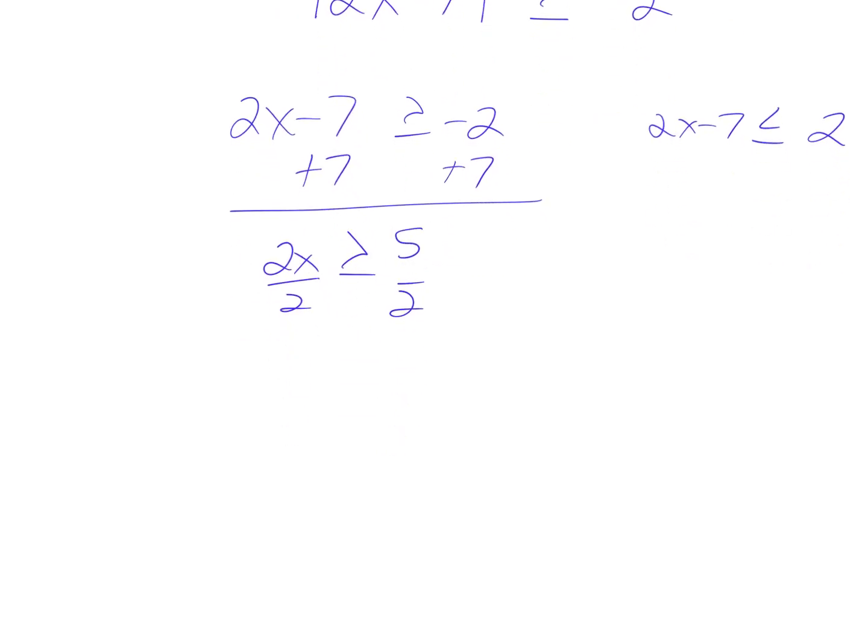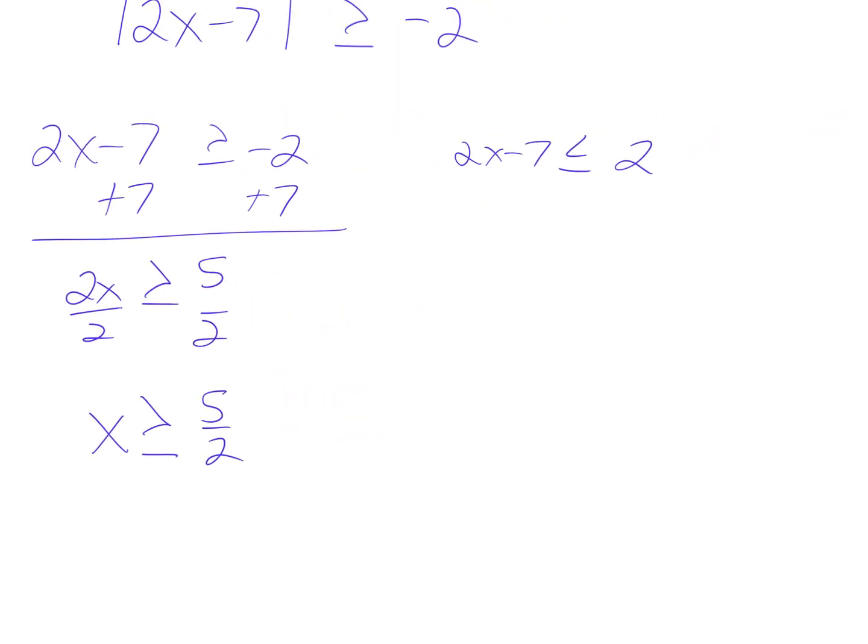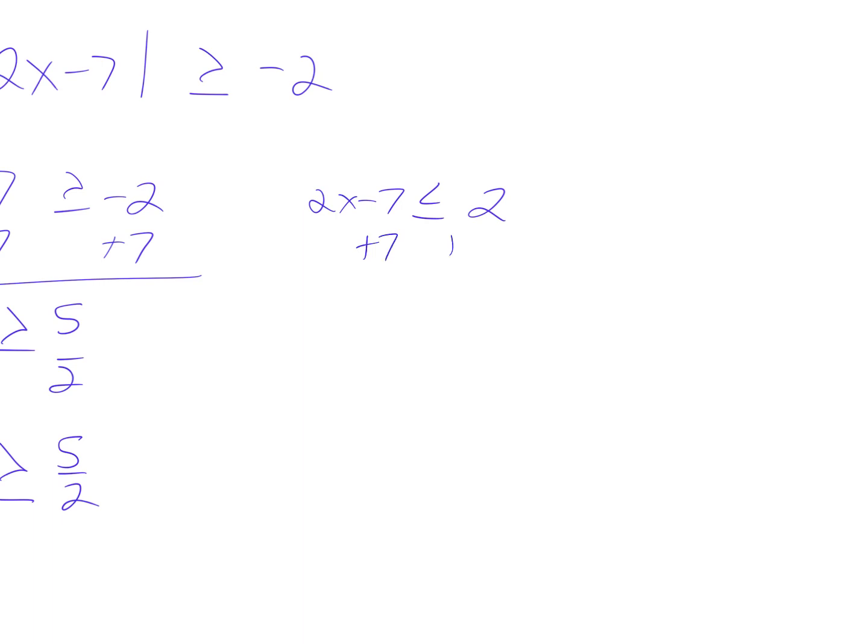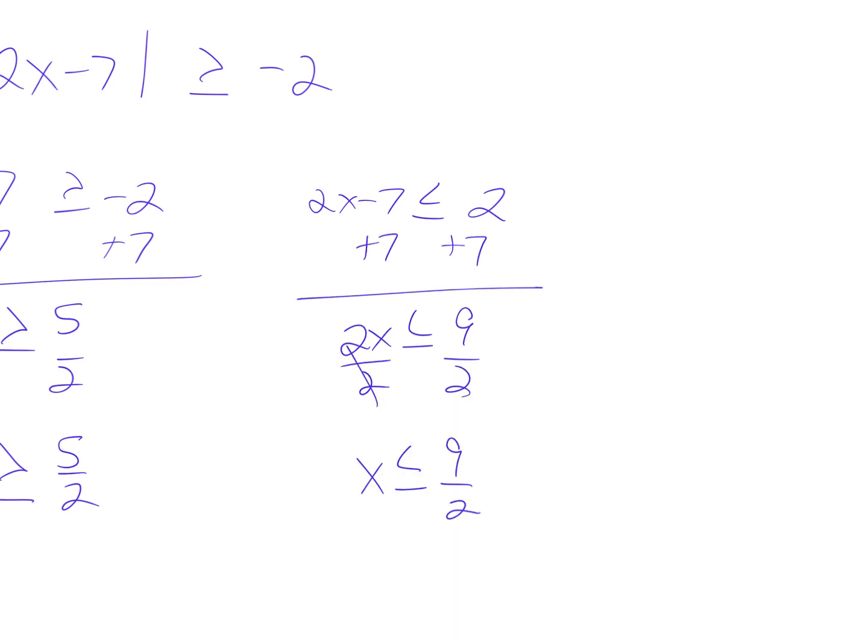Divide by 2. X is greater than or equal to 5 over 2. Okay, so then over here I'm going to add 7. 2x is less than or equal to 9. Divide by 2. X is less than or equal to 9 over 2.